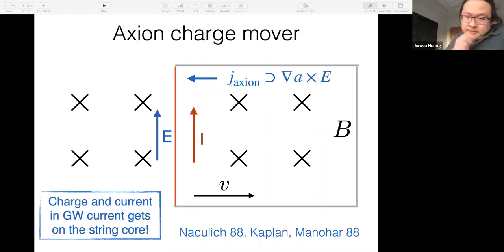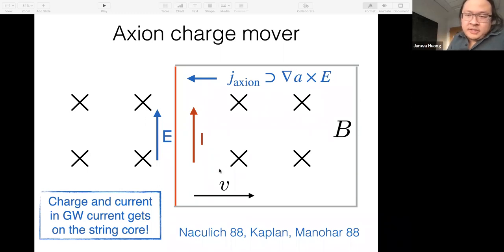And we can even find the current that is moving the charge from the axion gradient to the string core. That is basically this term here, where the axion gradient is in the theta direction around the string.